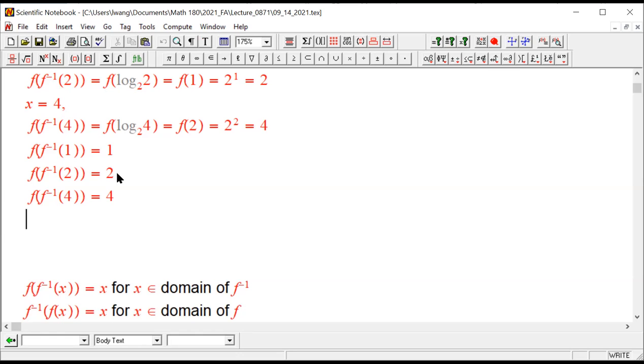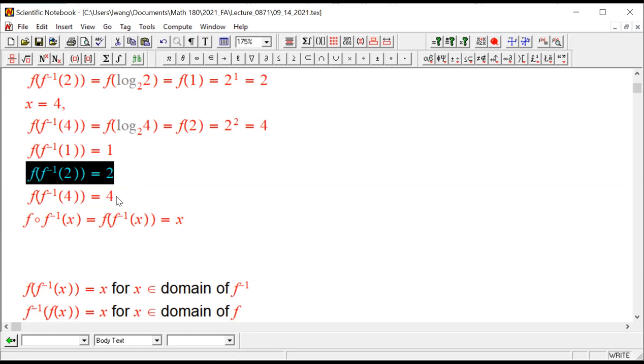Doesn't that verify all of these? If x is 1, this is 1. If x is 2, this is 2. 2, 2, 4, 4. All right, and I'm going to close the rooms. Any questions so far, you guys? Come back. I'm going to give you 2 more examples.